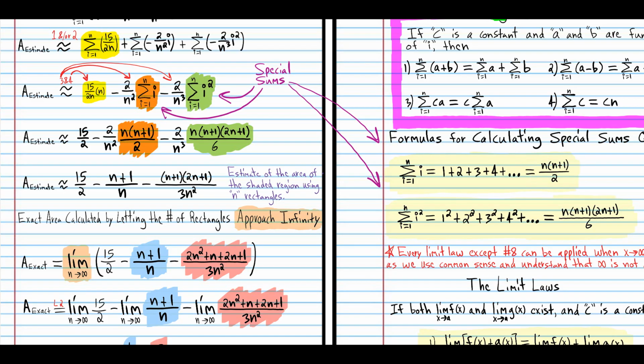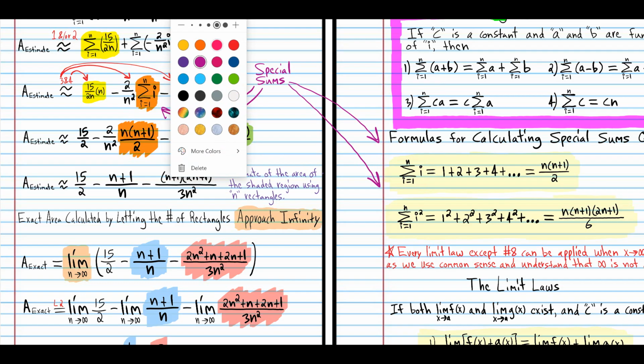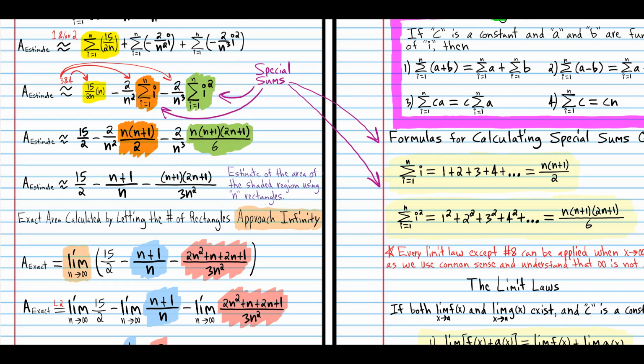So that's a special expression that you're going to need to memorize for today. So see, we have this sigma here. It's the same thing. That is the same exact expression. You see that? So that's going to turn into n times n plus 1 over 2.